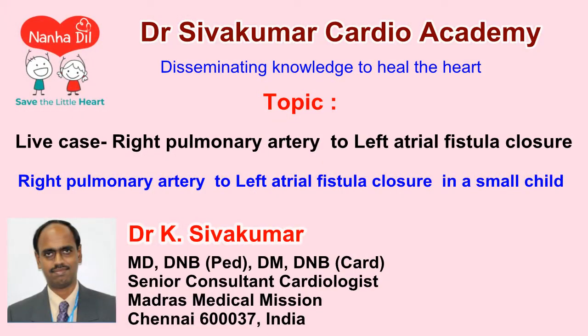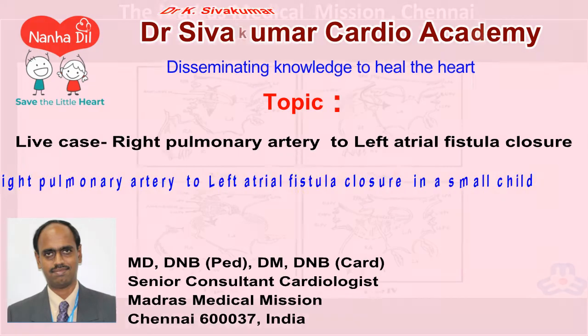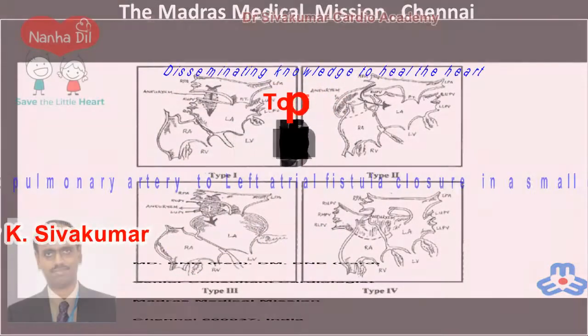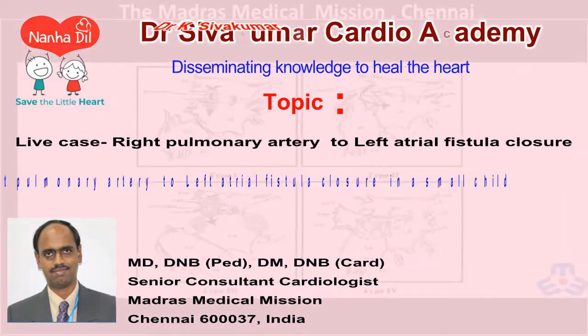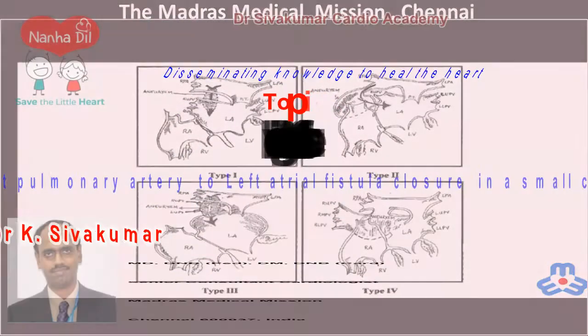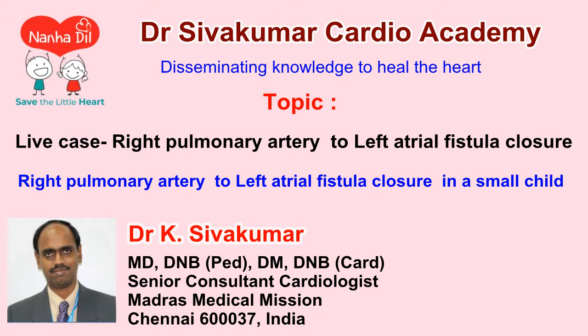Just a small academic recap on the types of RPA LA window. We have 4 types that have been described. Type 1, where we have an RPA with normal pulmonary veins, but a fistulous channel connects the RPA and LA. Type 2, the right lower pulmonary vein is absent and the lower lobe RPA branch drains directly into the LA as an aneurysmal sac at the insertion site of the right lower pulmonary vein.